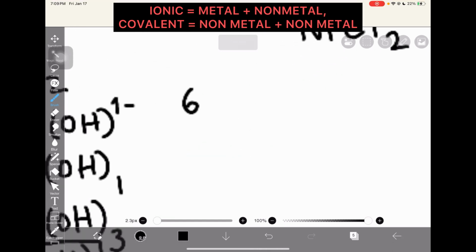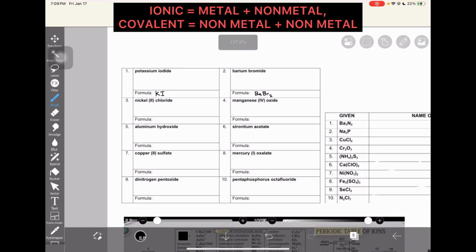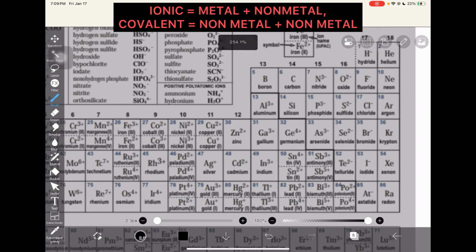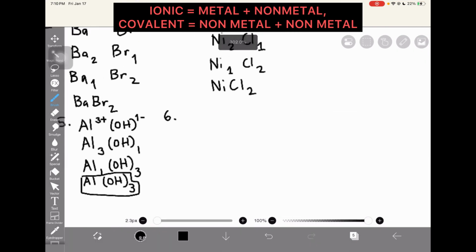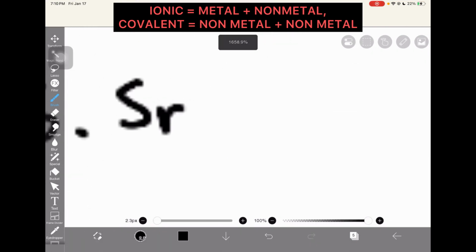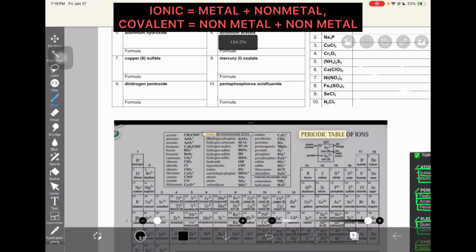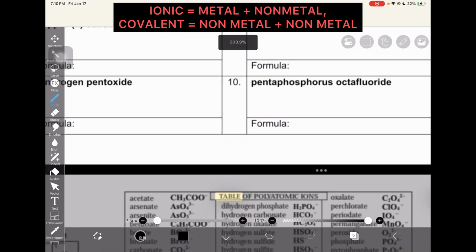Let's do number 6 now. Number 6, strontium acetate. We have to find strontium, which is over here. Strontium has a charge of 2+. Then we have acetate, which is here, and that is a long formula, unfortunately.